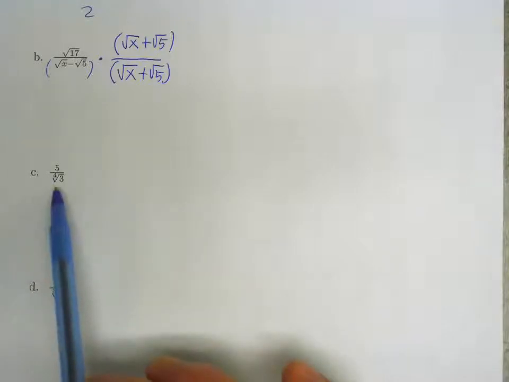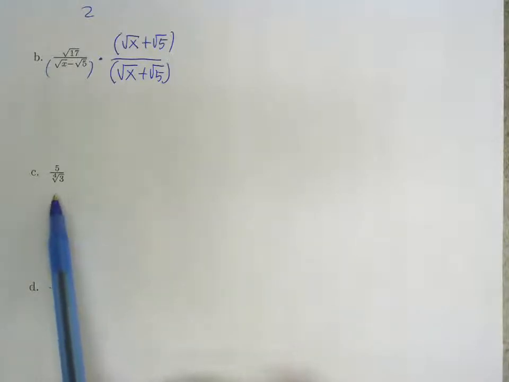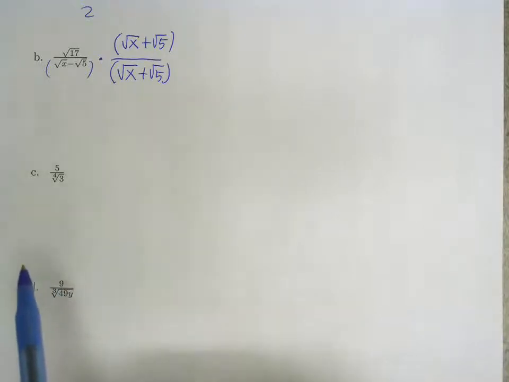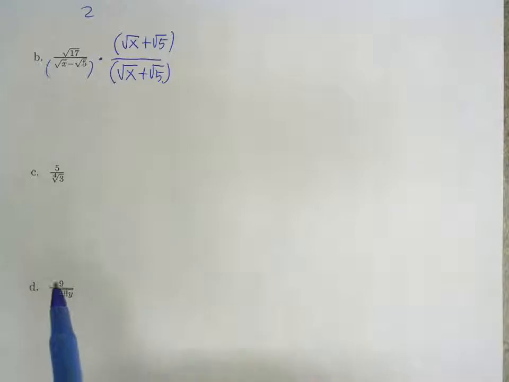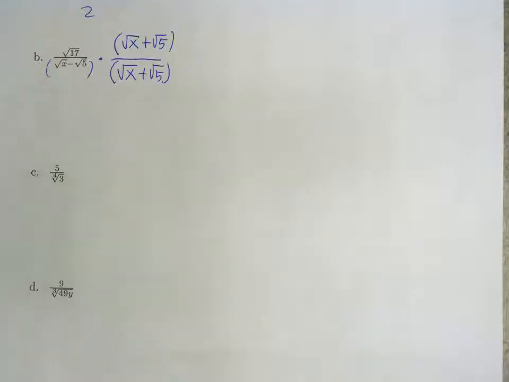And first, note that the fourth root of 3, what we want is the fourth root of a perfect fourth power. So we ask, what would I have to multiply by 3 to the first to get a perfect fourth power? The answer is 3 to the first times 3 to the third is equal to 3 to the fourth. 3 to the fourth, by definition, is a perfect fourth power.